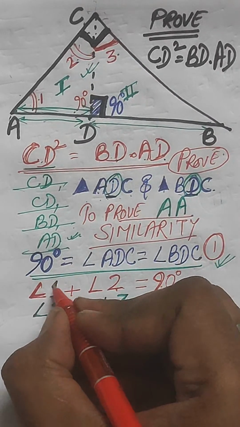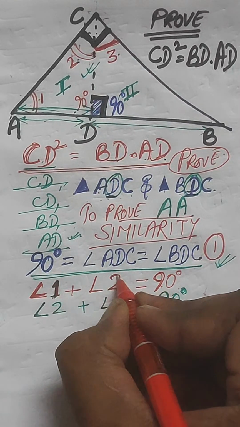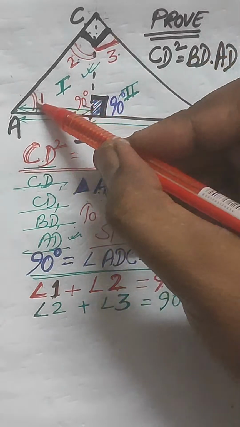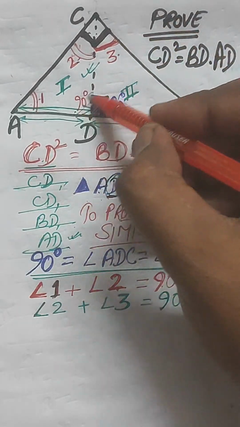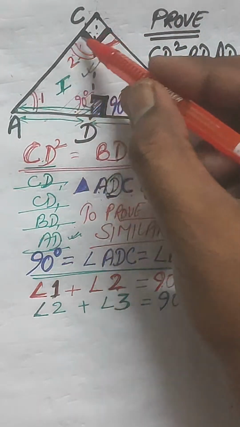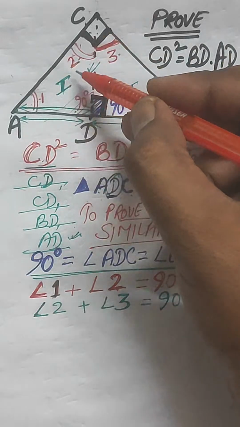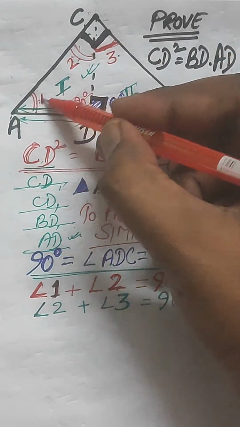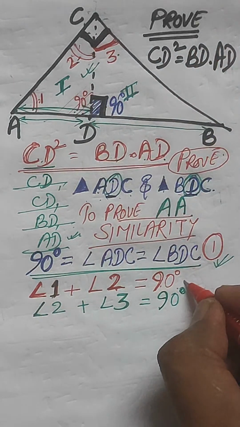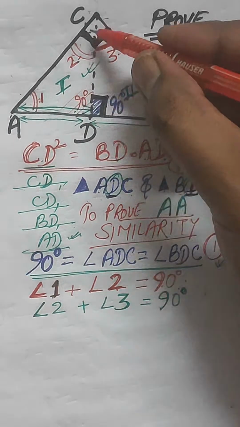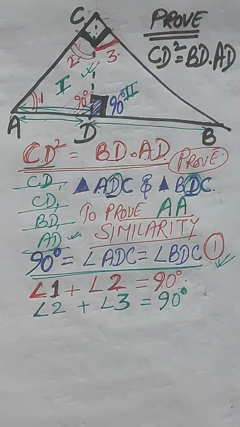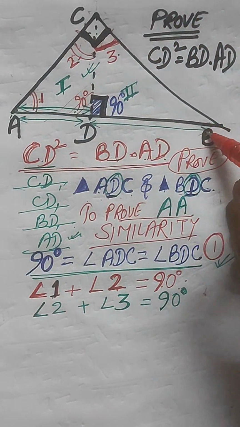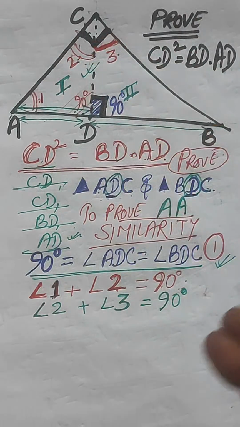Earlier it was 1 plus 2, which was 90 degree, because this is a complete triangle. In this entire triangle, all the three angles will add up to 180 degree, and one angle is known to you as 90 degree. That's why angle 1 plus angle 2 is 90 degree. Similarly, since angle C is given to you as 90 degree in the question, we can say 2 plus 3 is also equal to 90 degree.